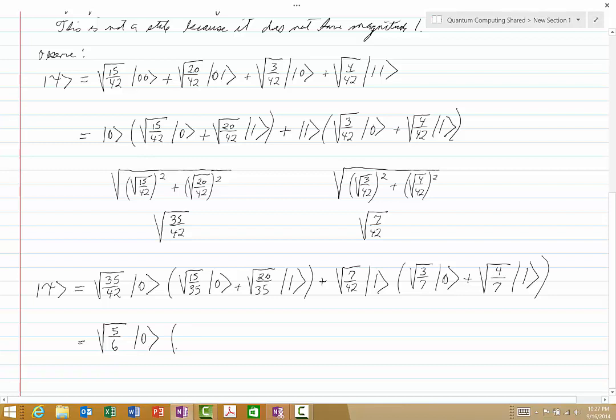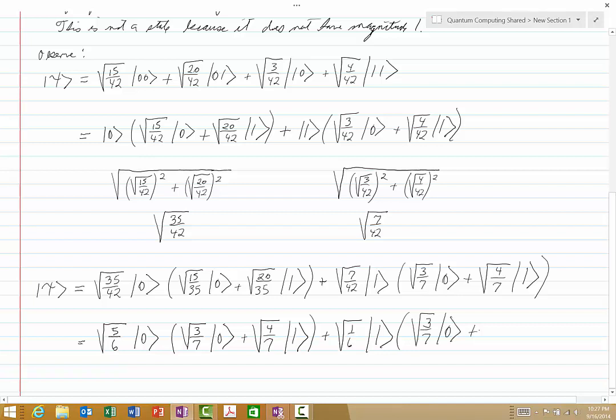And then inside, if we simplify that, we will get square root of 3/7 |0⟩ plus square root of 4/7 |1⟩, plus square root of 1/6 |1⟩ times square root of 3/7 |0⟩ plus square root of 4/7 |1⟩.